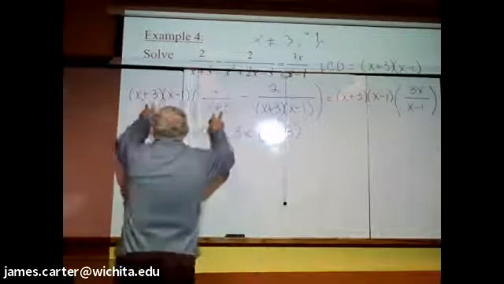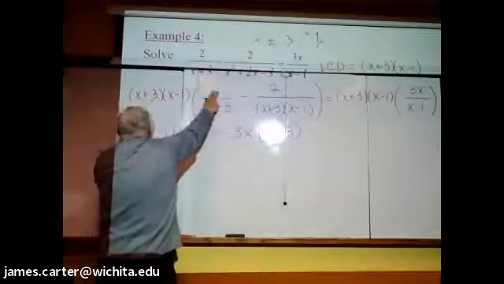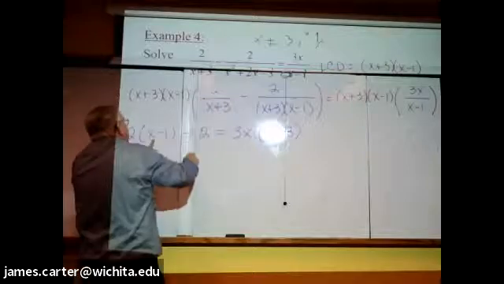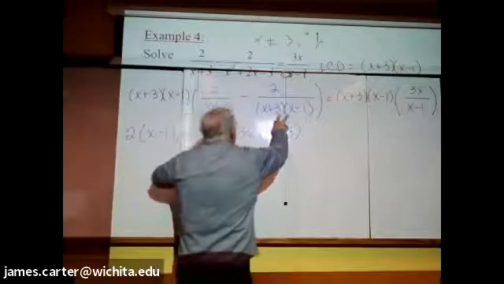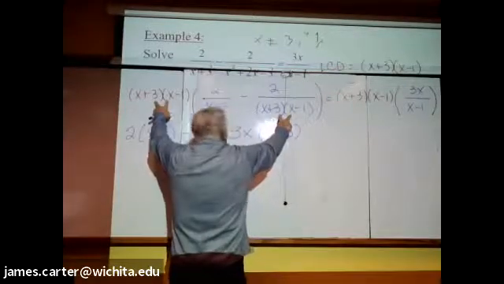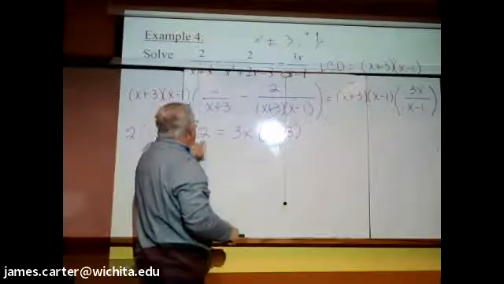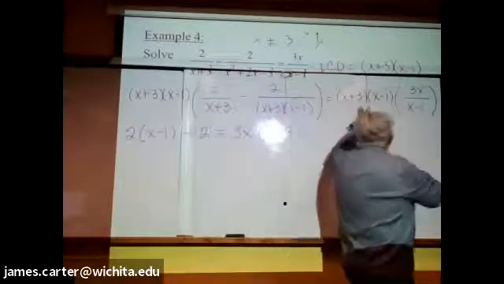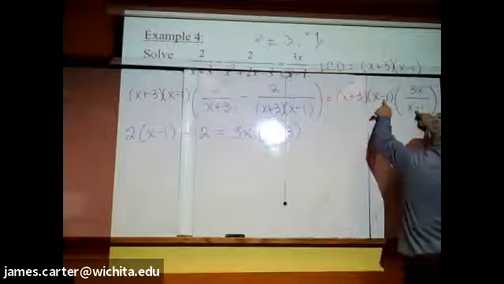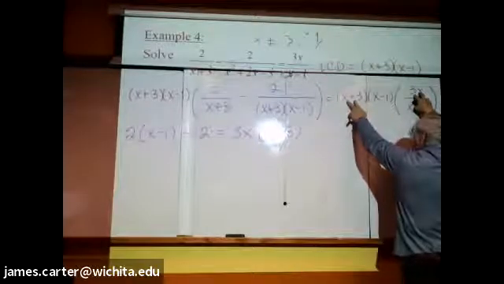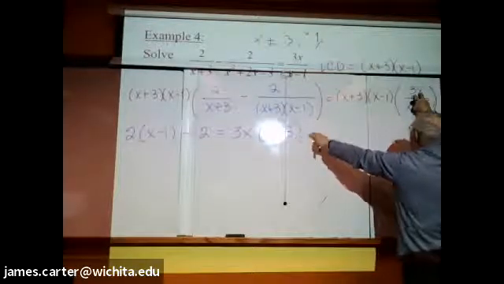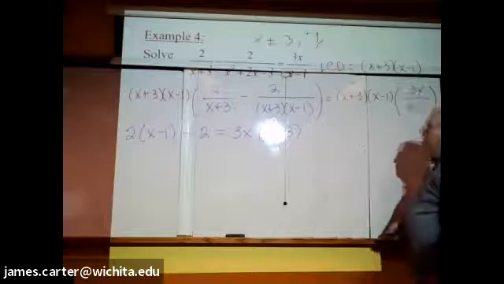Okay, the x plus 3's cancel, leaving 2 times x minus 1. Both of these cancel both of those, so I've just got the -2. Out here, the x minus 1's cancel, so I've got 3x times x plus 3.